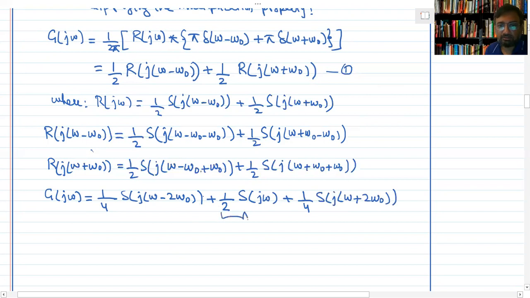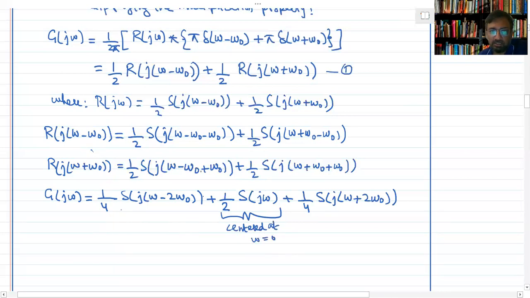So here is our desired term. When we multiply Rt once again with cos omega naught t, we indeed get Sj omega, which is centered at omega equal to 0.